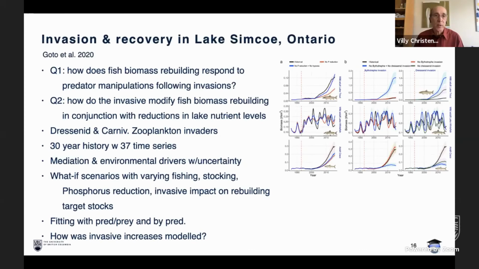Goto and colleagues there asked 2 questions. How does fish biomass rebuilding respond to predator manipulations following invasions? And how do these invasives modify the fish biomass rebuilding in a situation like this, where at the same time as this was going on were reductions in lake nutrient levels?